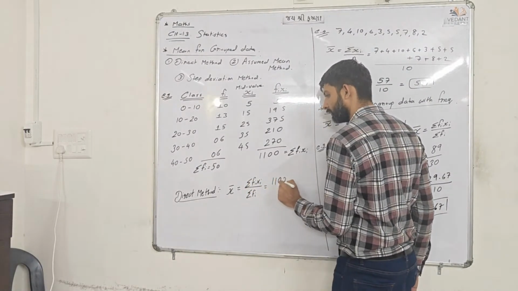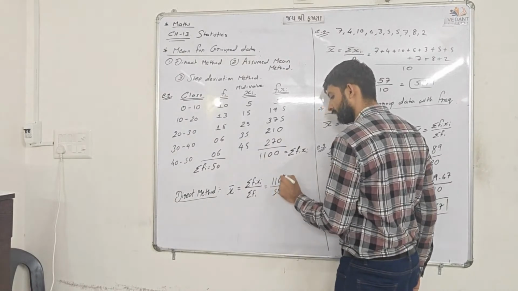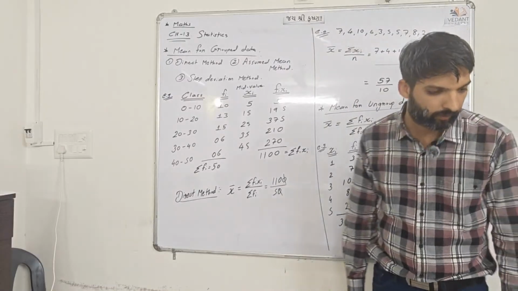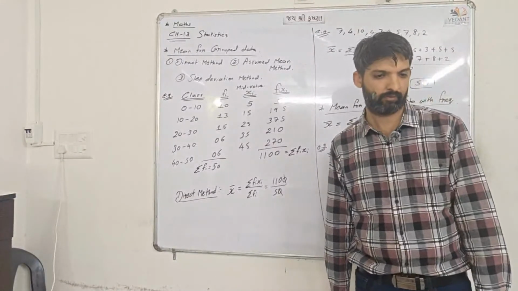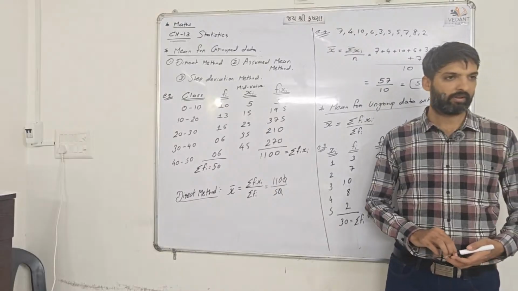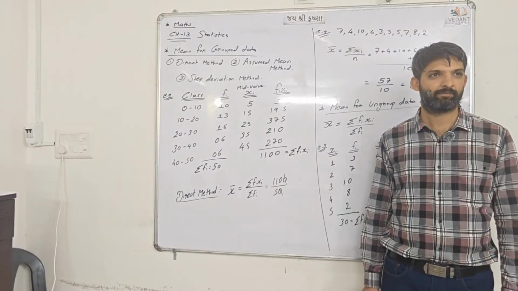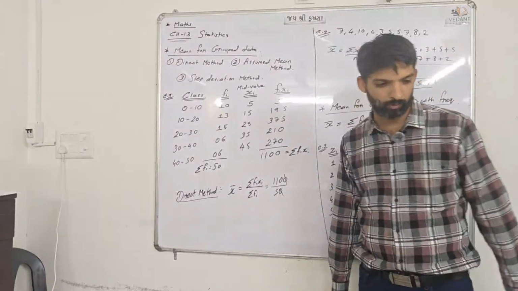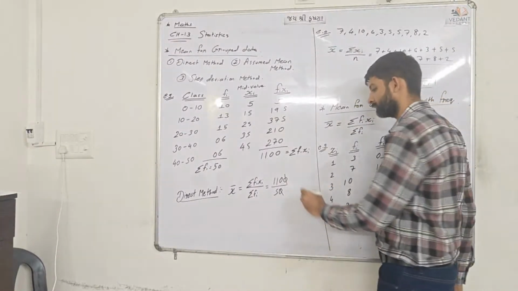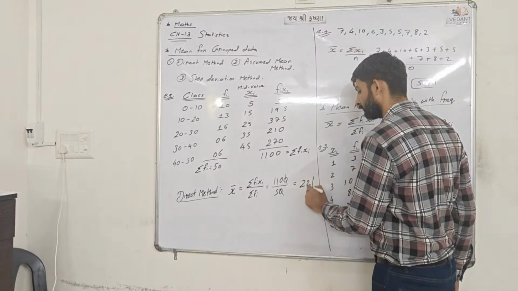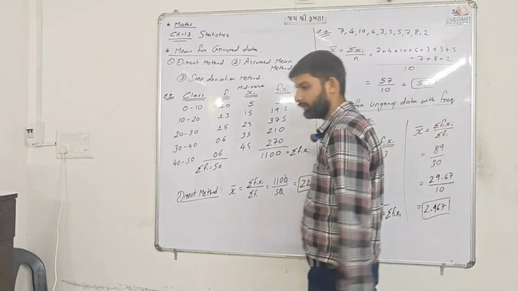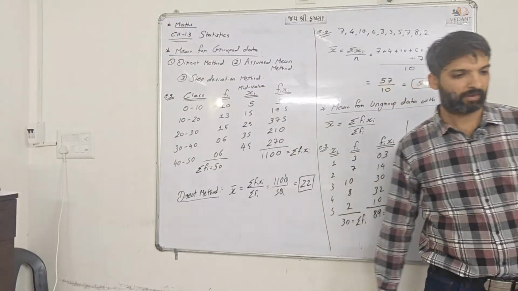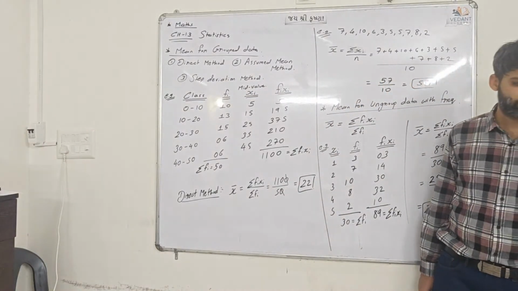So 1100 divided by 50, so 110 divided by 5, which is 22. So the mean of this group data is 22. Such questions can be asked for 2 marks or 3 marks. 22 is the right answer.